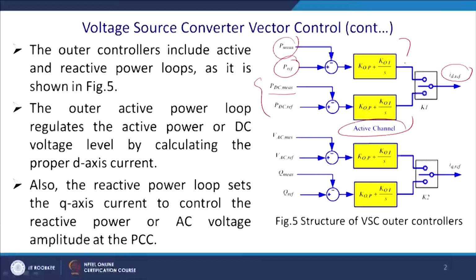The DC measurement also comes into the picture, and these two entities are together called the active power handling or the active channel, and ultimately you can switch over to this mode, whether you are going into the DC power control or the grid power control.